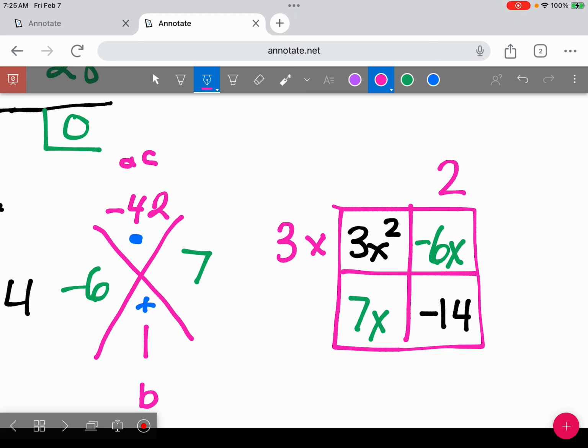Does that 2 need something else to go with it? I just said we'll have an x here. What are we missing from this column here? It's not going to be a regular 2. It's going to be a negative 2. Last box, or last spot over here. What's shared between 7 and 14? 7.